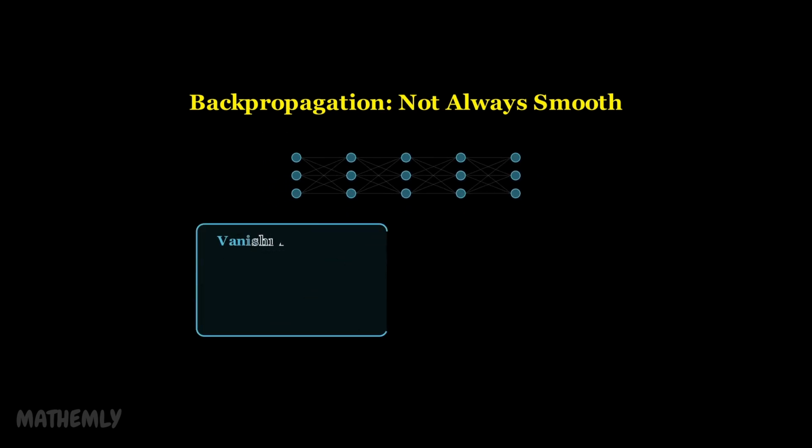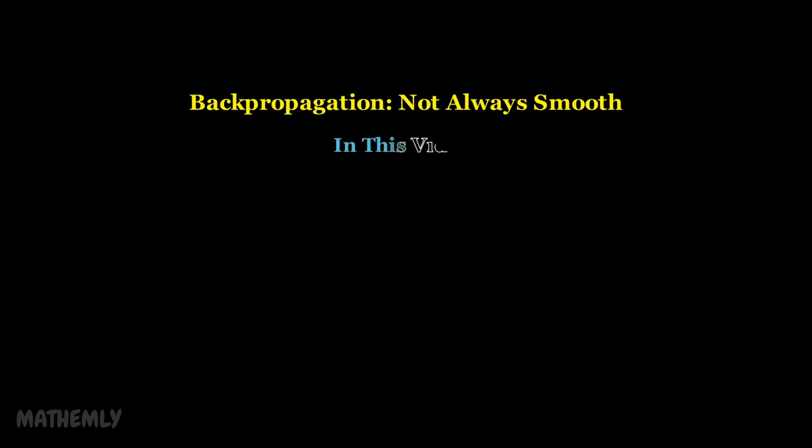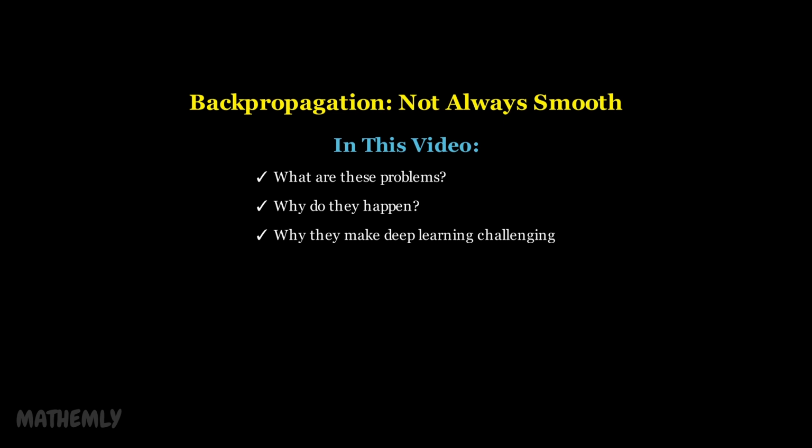Other times they become too large, causing learning to become unstable or even break completely. These two problems are known as vanishing gradients and exploding gradients. In this video, we will understand what these problems are, why they happen, and why they make training deep neural networks so challenging.